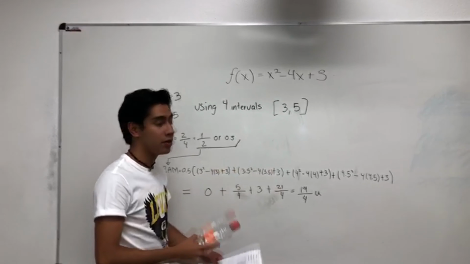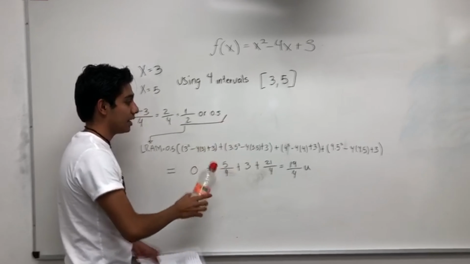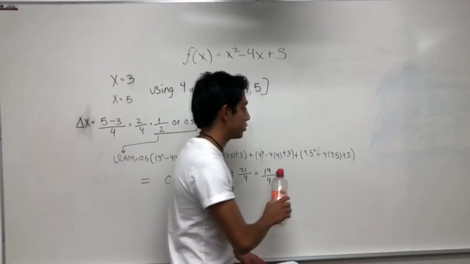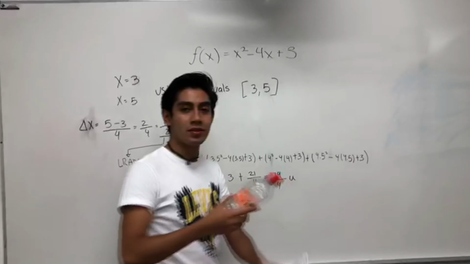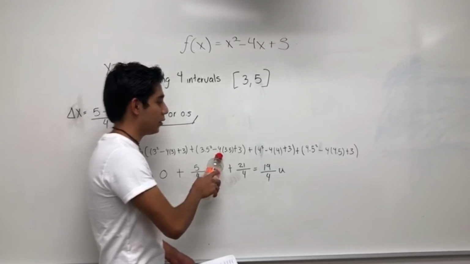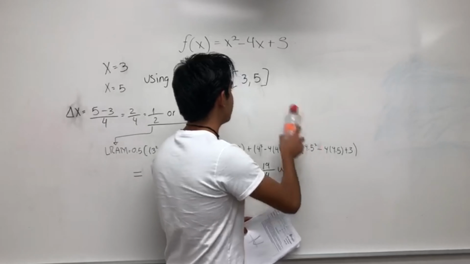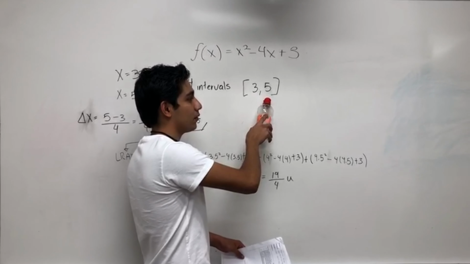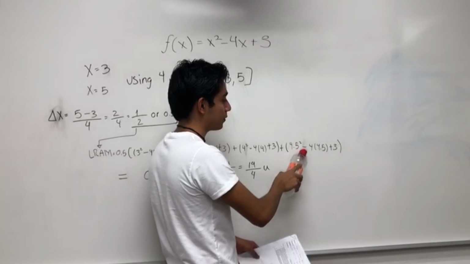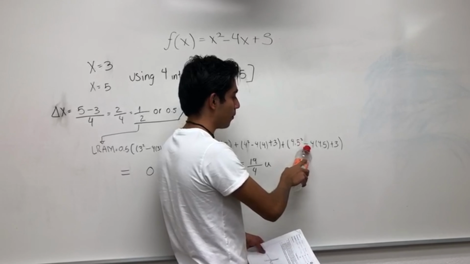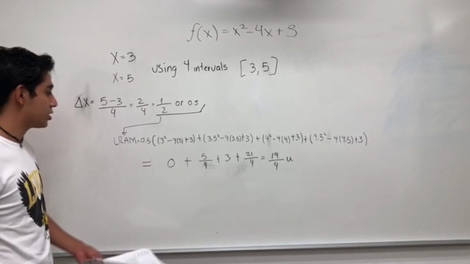But now we are going to add 0.5 each time to get a value previous to the end of the interval. So the final one is 4.5 squared minus 4 times 4.5 plus 3. So now we solve this operation.